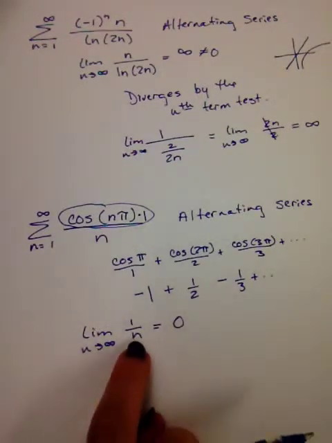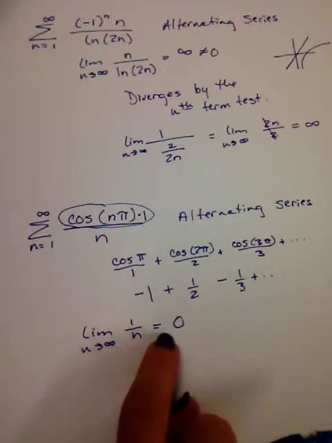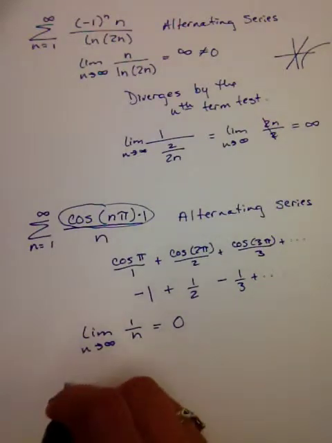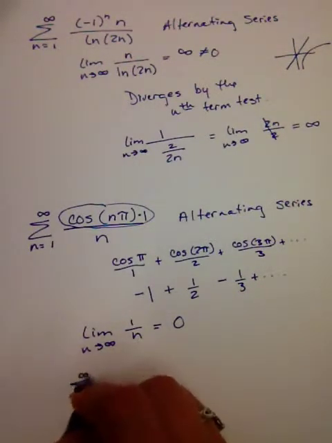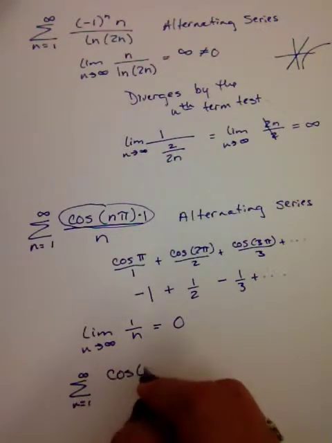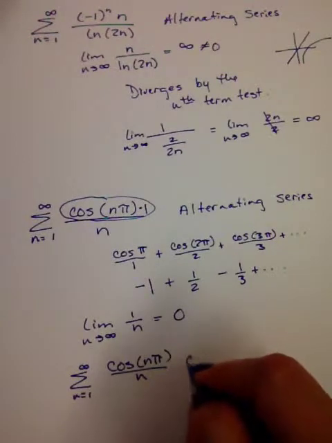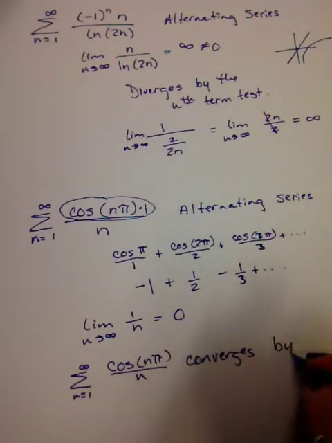And you can look, this is a decreasing sequence, 1 over n, because if I plug in a bigger n, it'll be smaller than the term before. 1 over n plus 1 is less than 1 over n. So this series of cosine of n pi over n, I would say converges by the alternating series test.